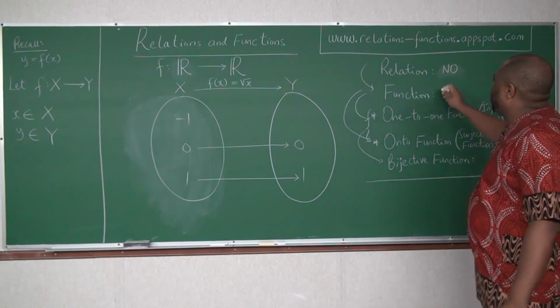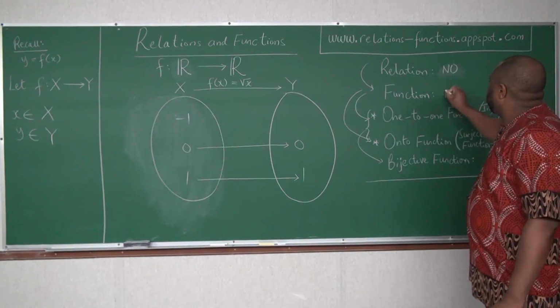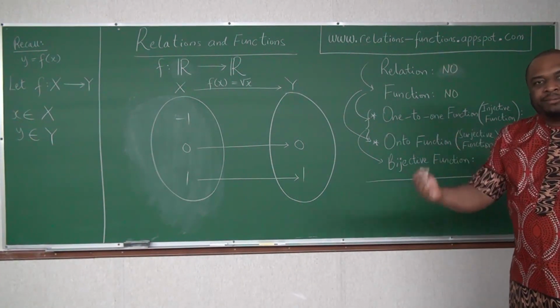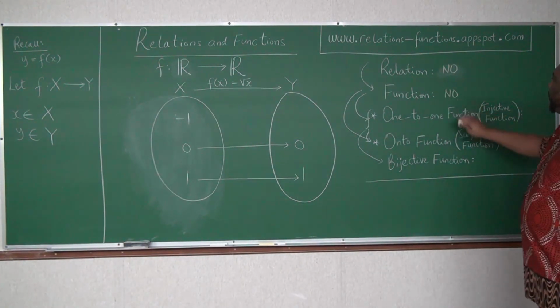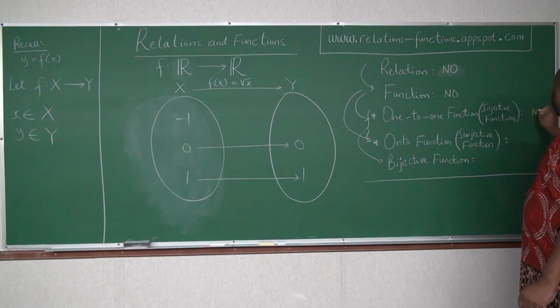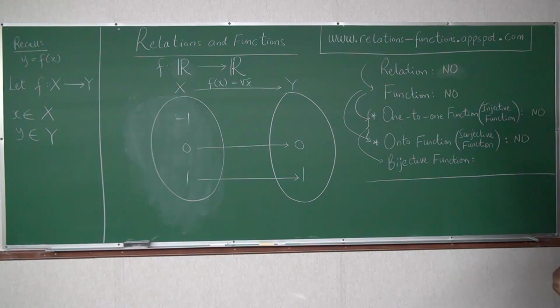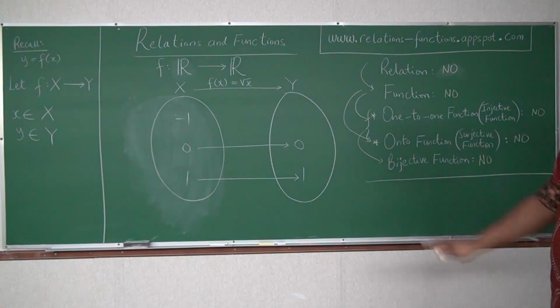Of course, if it is not a relation, it is not a function, because like I said, all functions are relations. And if it is not a function, it is not a one-to-one function, it is not an onto function, and it is not a bijective function. So this is no for this.